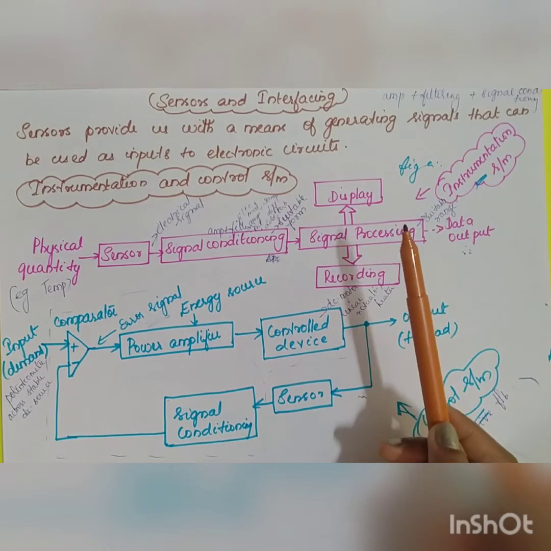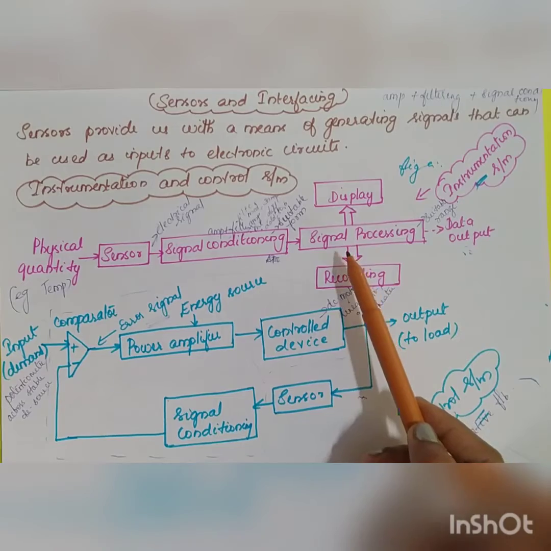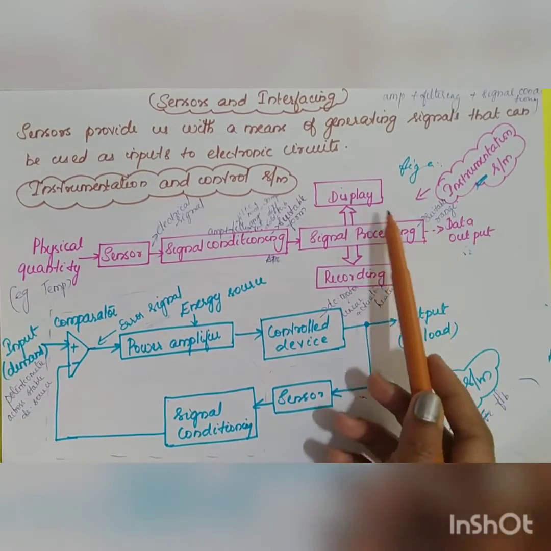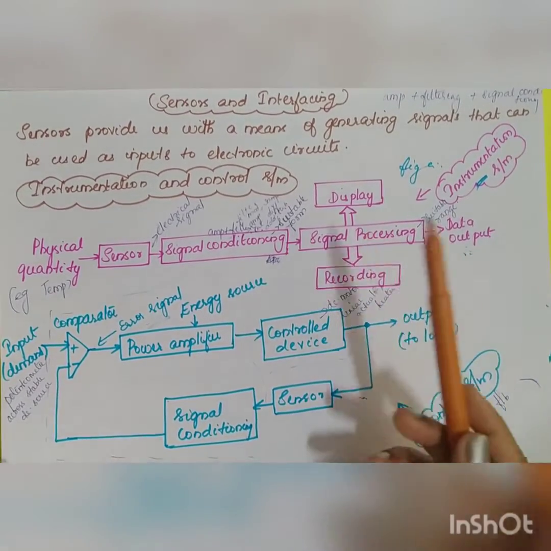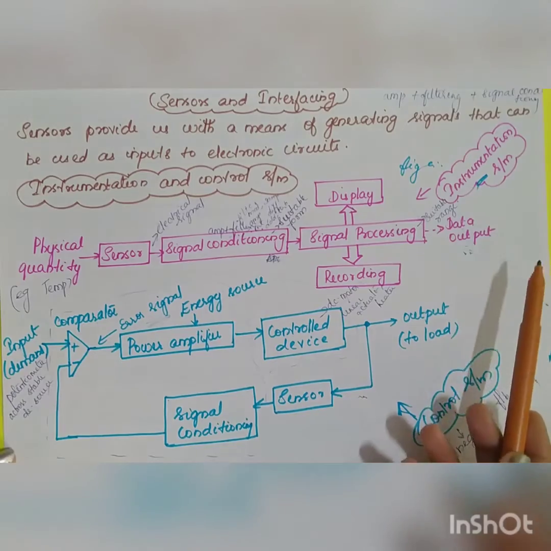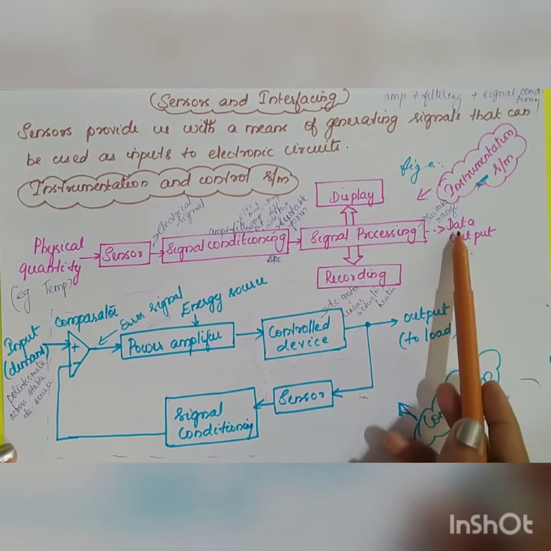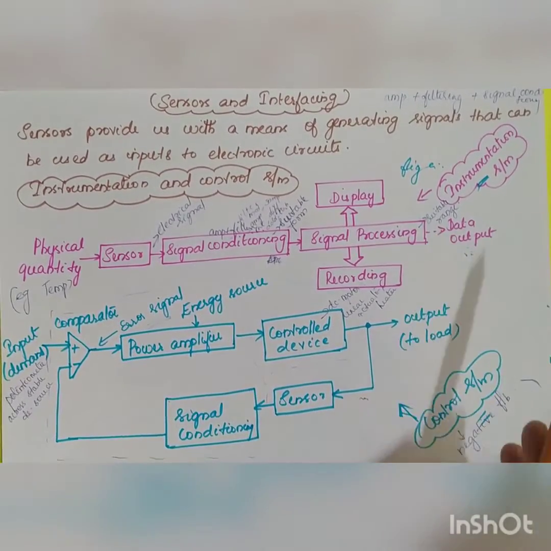For example, in the case of ECG or EEG, this is an example of instrumentation. You are going to record the data and display your output. These are examples of your instrumentation system, and the output data will be in a suitable range.